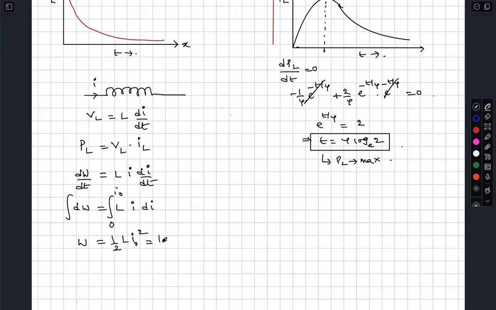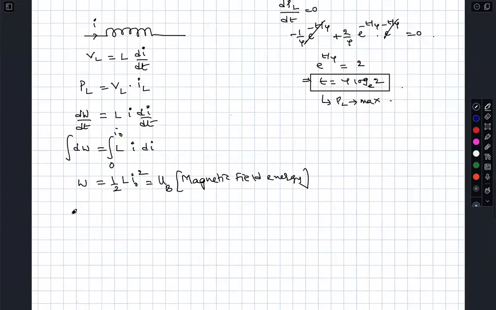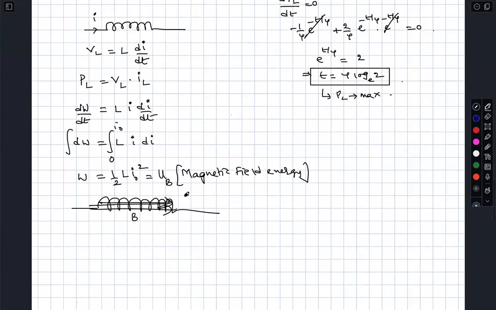And this is stored in the inductor in the form of magnetic field energy, which means in the inductor, the energy is stored as magnetic field energy once a steady state current is achieved.